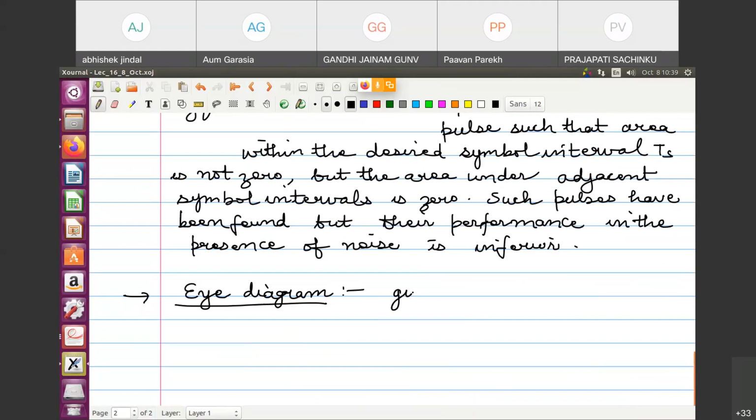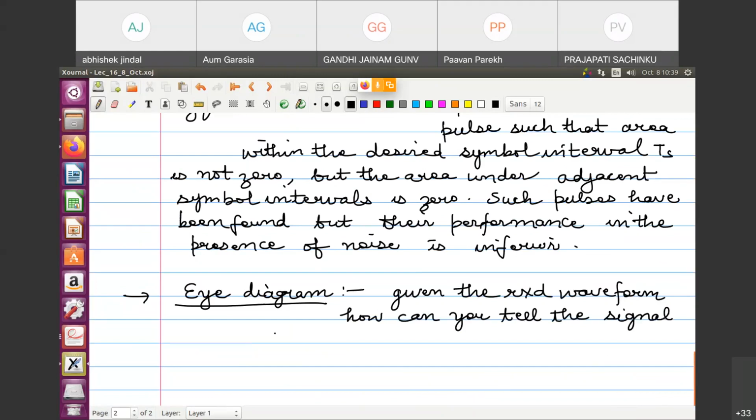So given the received waveform, the question is, how can you tell if the signal suffers from ISI or suffered ISI?